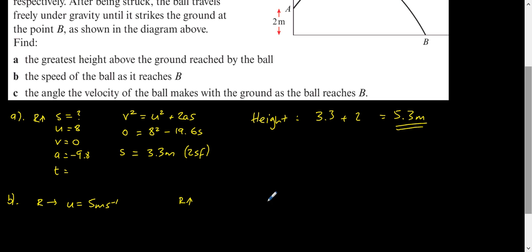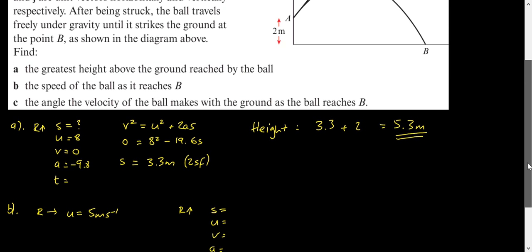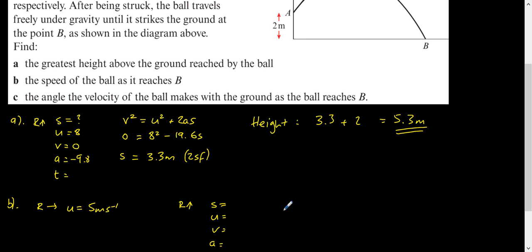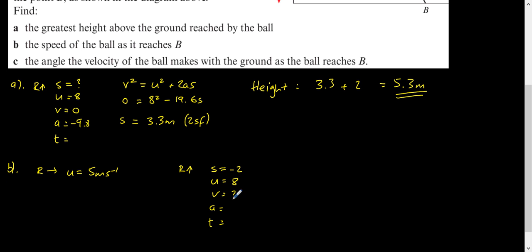To find the vertical velocity, which is the other component of the speed, we're going to need to use our old friend SUVAT. So when we reach B, we know that the displacement from the point of projection is -2. We know that the initial velocity is 8, as it was in the previous part of the question. We're trying to work out v. We know that a is -9.8. So we can use again v squared equals u squared plus 2as.